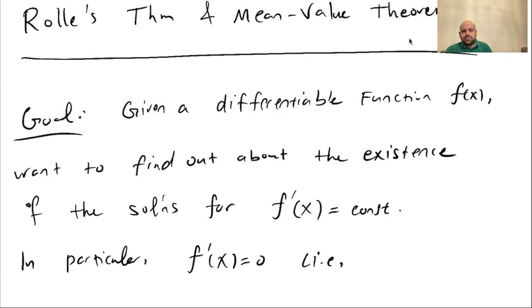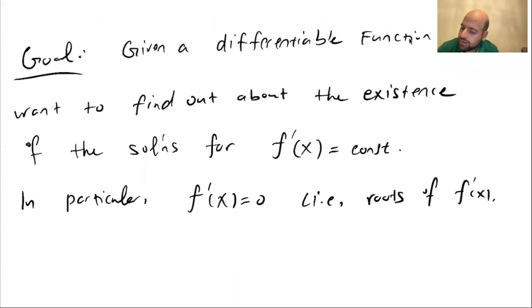And moreover, even if we think about the original function f of x, we know that f prime of x equals 0 gives us the points where the tangent lines are horizontal. So, i.e. roots of f prime of x, i.e. the points with horizontal tangent lines.